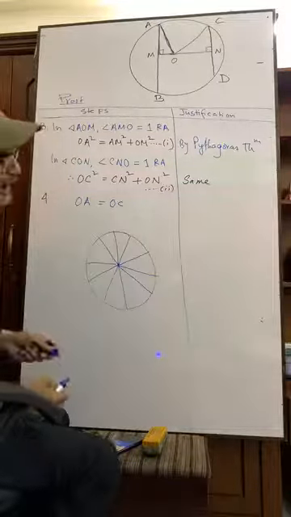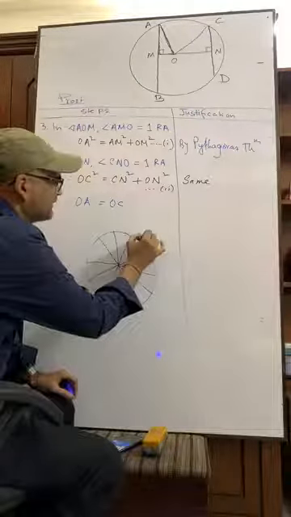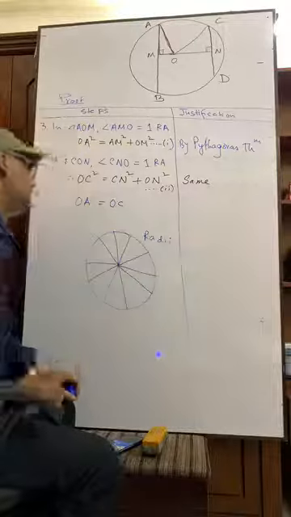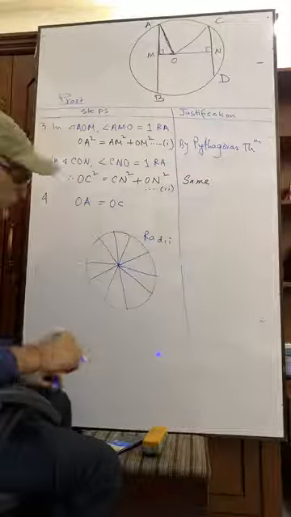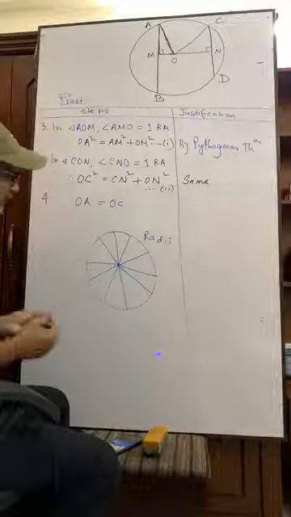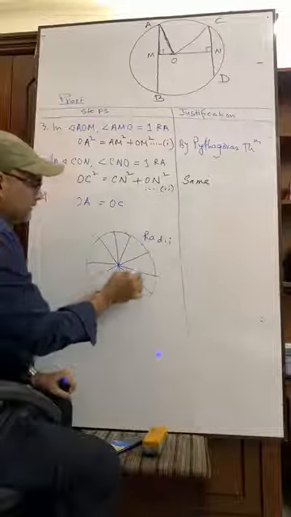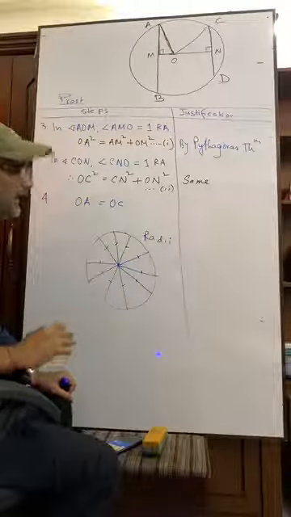The plural of radius is called radii, R-A-D-I-I. So here we have drawn a circle having too many radii, and these are the radii of the same circle and they are equal.